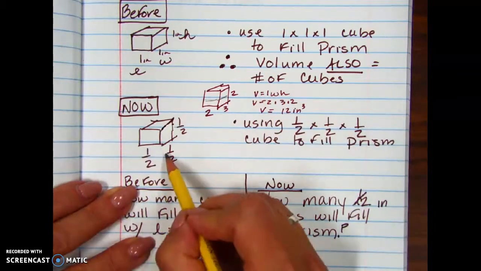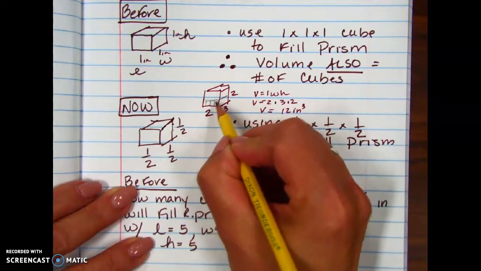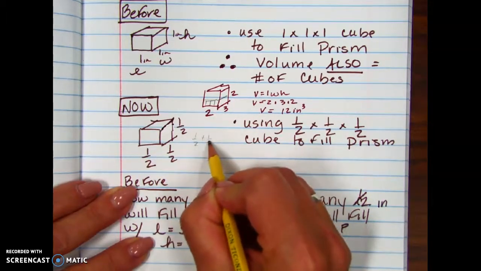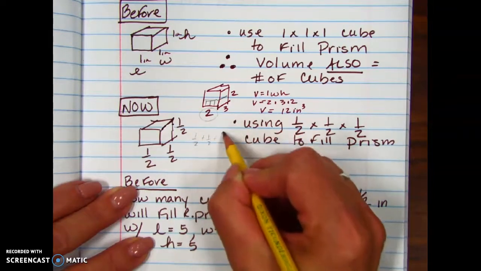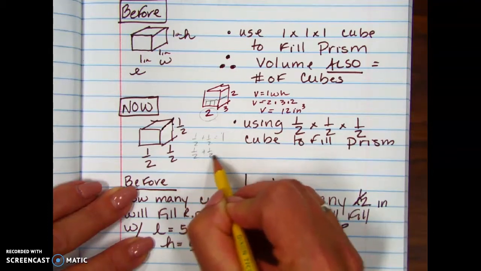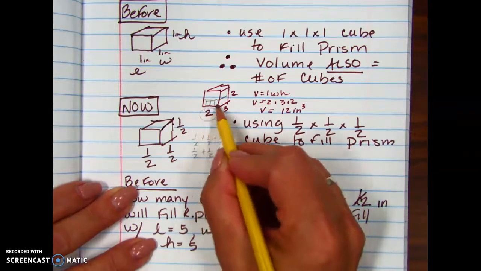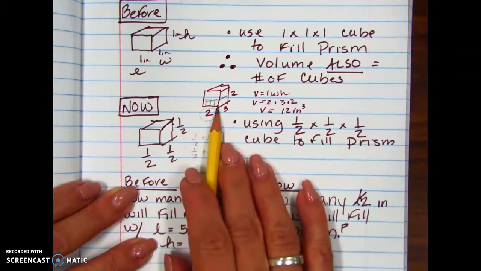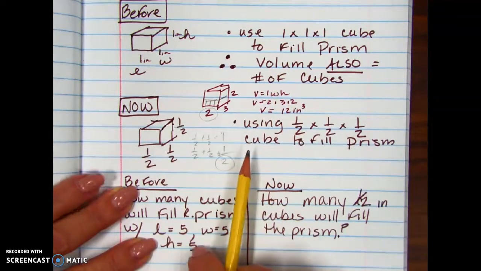If I have a 1/2 inch by 1/2 inch by 1/2 inch cube, I know I need 4 of them to make 2 wide, because 1/2 plus 1/2 equals 1, and I'm going to need 2 inches, so I'm going to need 4 of these to make the width of 2. I know it sounds a little confusing, but this is what we need to do. Instead of packing this with 1/2 inch cubes, there is a way to do this.